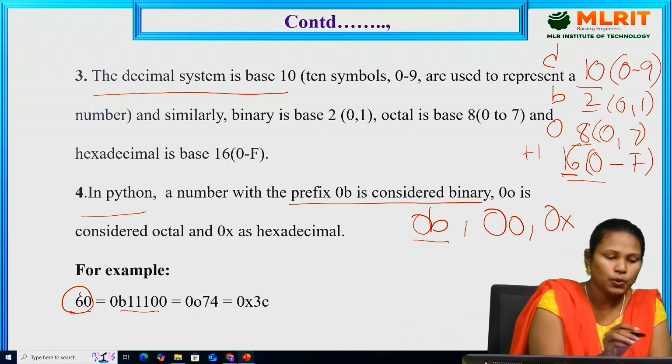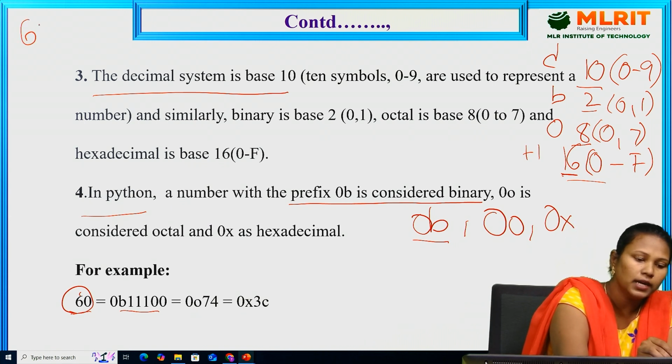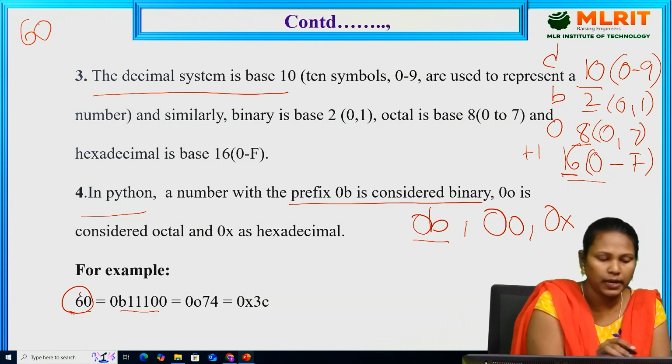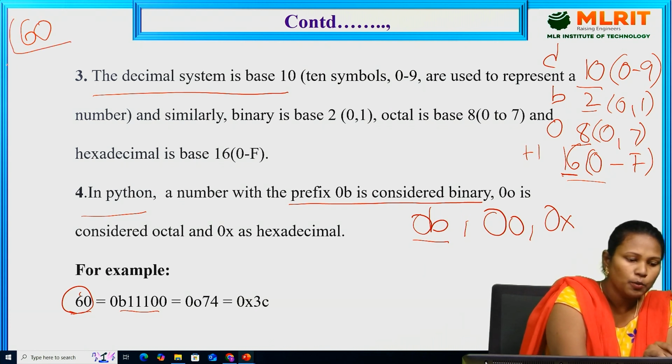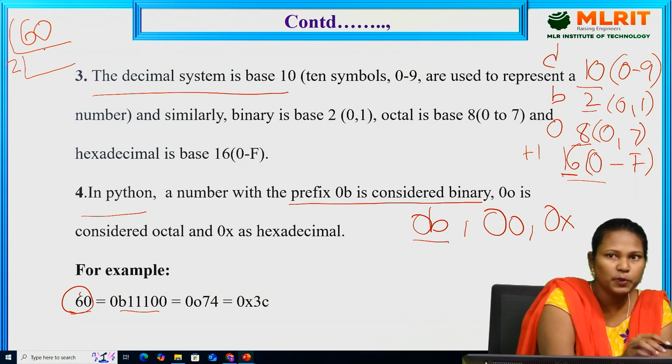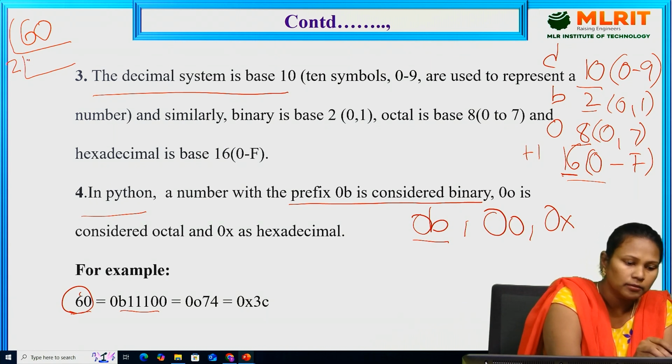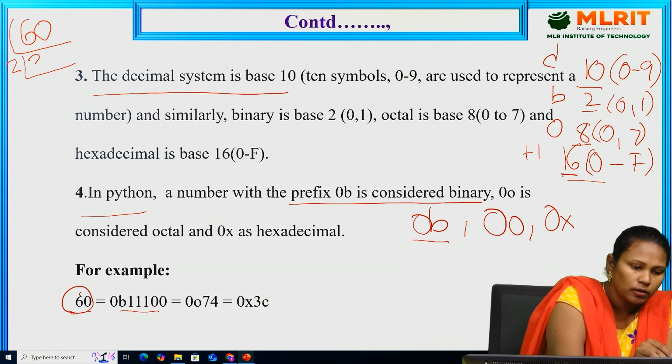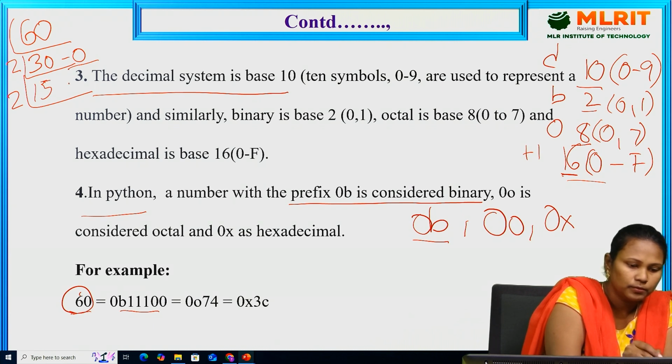If you want to convert the decimal number into a binary number, the base is 2. So 60 divided by 2 is 30, and again 30 divided by 2 is 15, with remainder 0.